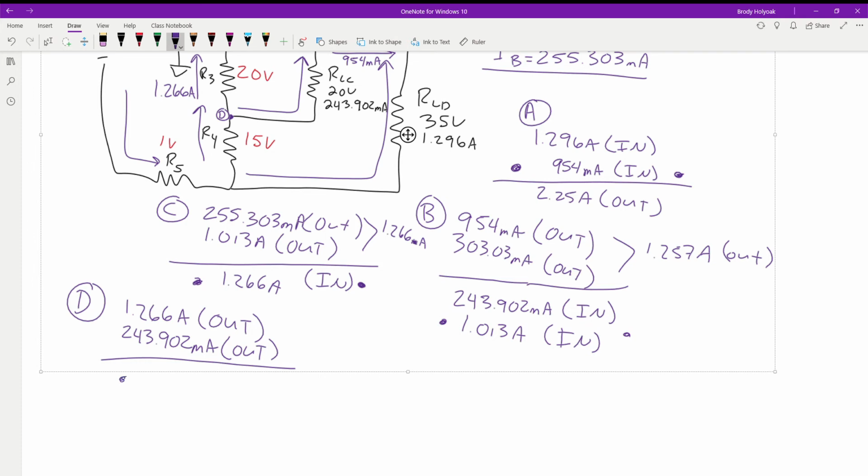So in this guy, I'm missing the current coming into that node. So since it's the only one, I just add these guys together to get them to be equal. That's all we're trying to do is get our nodes to be equal. So we take the 1.266, we add the 243 milliamps. So we have 1.51 amps running through this guy.